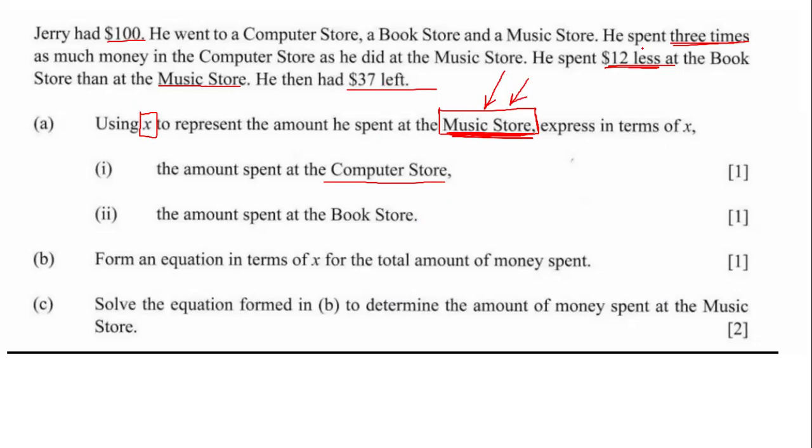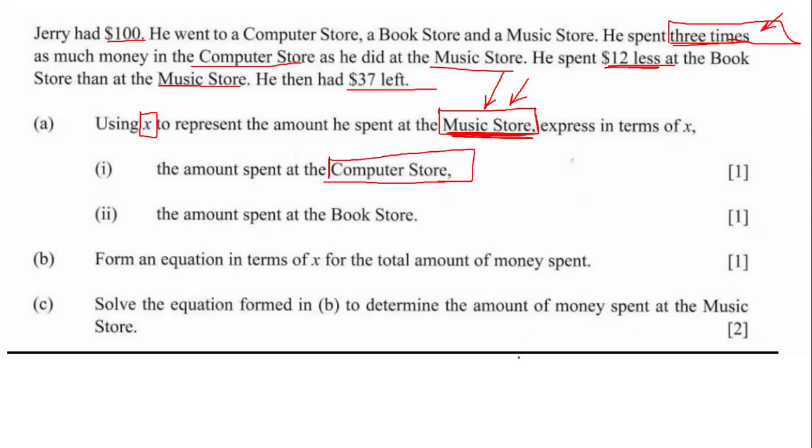And then it says he spent 3 times as much money in the computer store as he did at the music store. So calculate the amount of money he spent at the computer store.